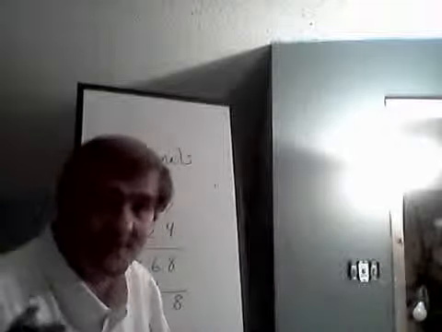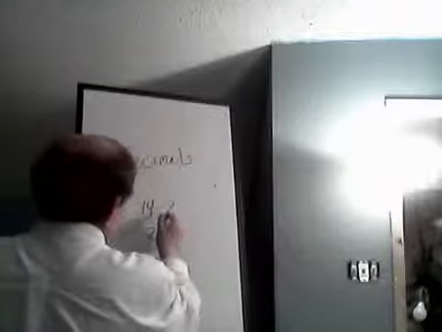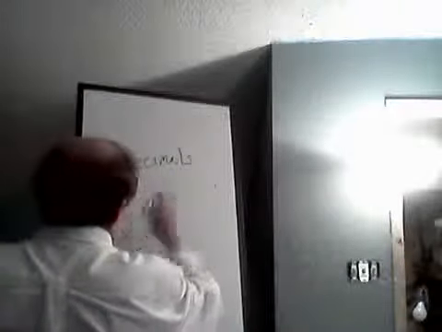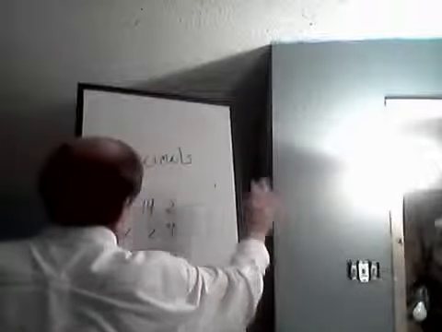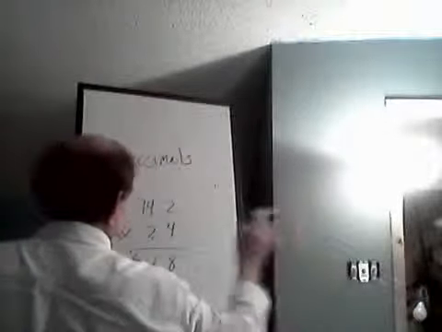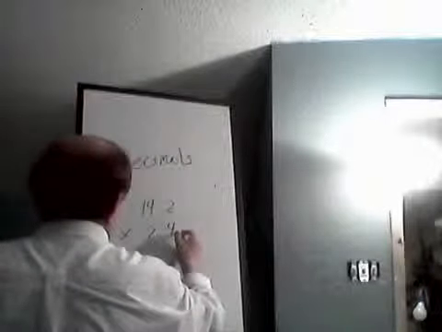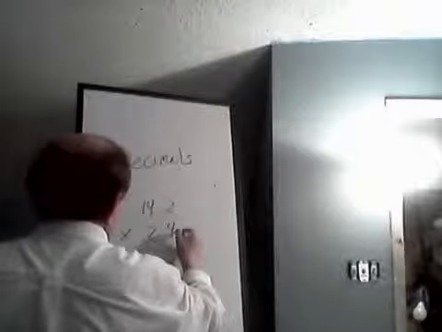But don't forget the decimals, okay? Now watch what you do. It's actually kind of clever, all right? Watch. You got this decimal here and this decimal here. You make sure you count the numbers to the right of the decimals, okay? 1, 2. You get 2 numbers to the right of the decimals.